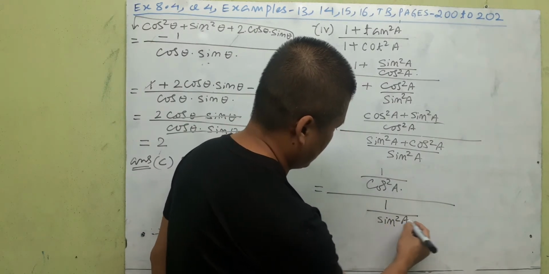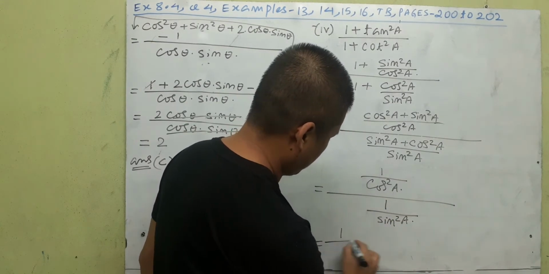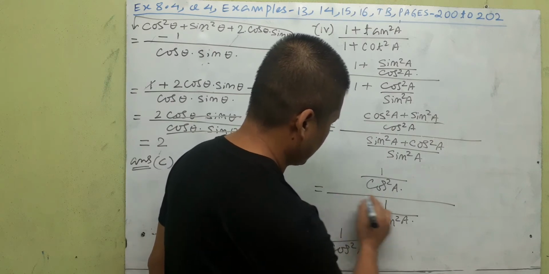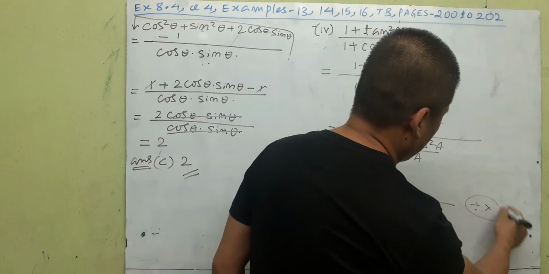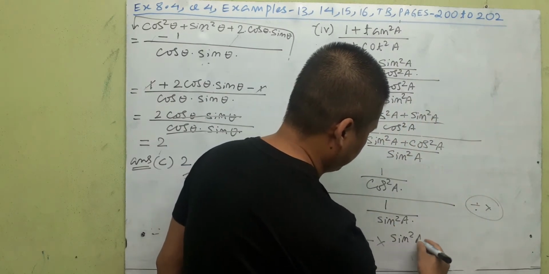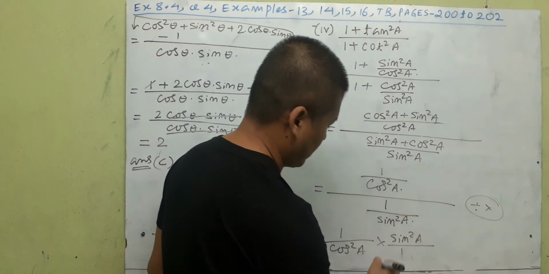So we have 1 by cos square A, keeping it the same, changing the long line divided by into multiplication, down here sine square A will go up and numerator 1 will come down.